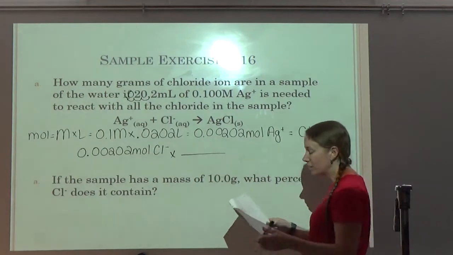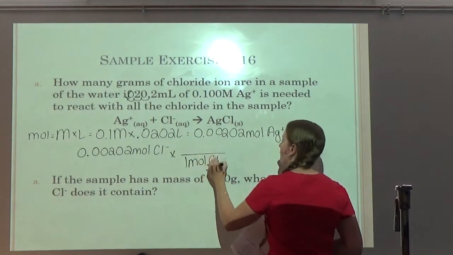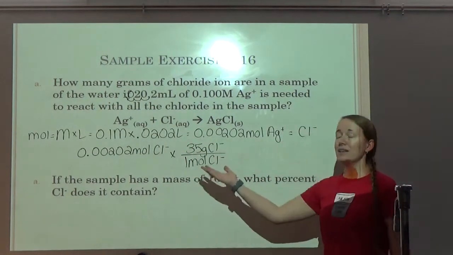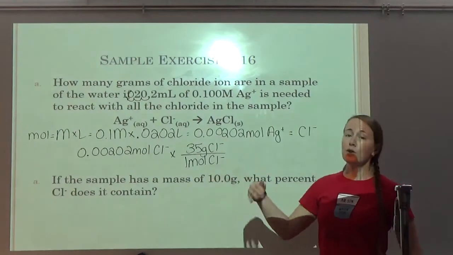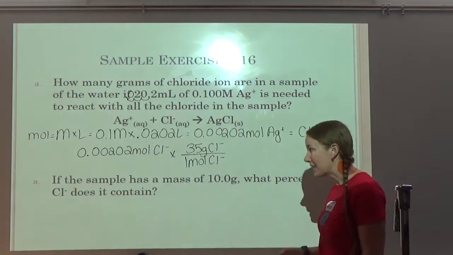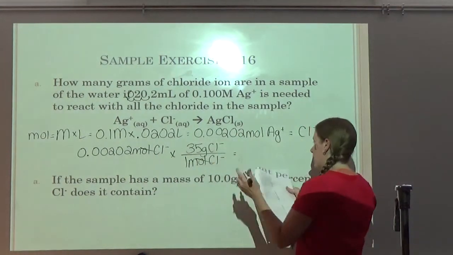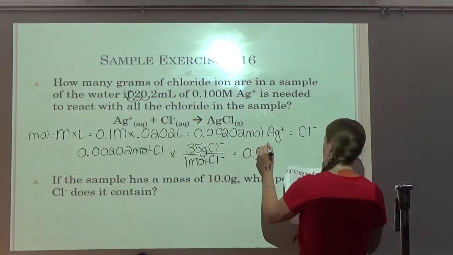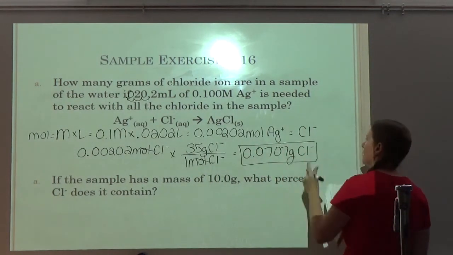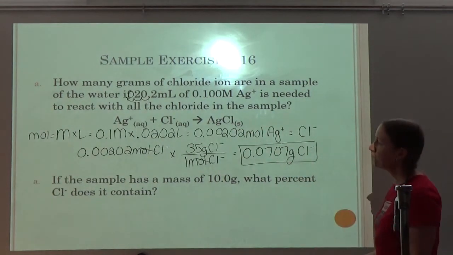Chlorine is about 35 grams per mole. So I'll put my 1 mole, 35 grams. And don't worry about the fact that it's the chloride ion instead of the chlorine atom. Remember, electrons don't change the atomic mass of an element. So my moles cancel. Once I multiply by 35, I got 0.0707 grams of my chloride ion. So that's how much chloride I would need to precipitate all of my silver ion.